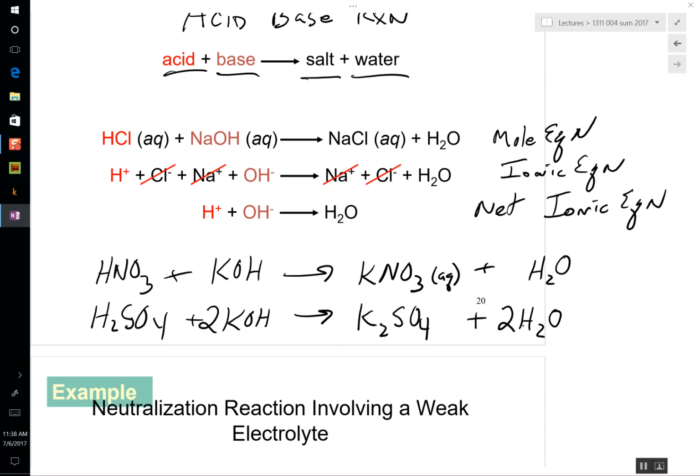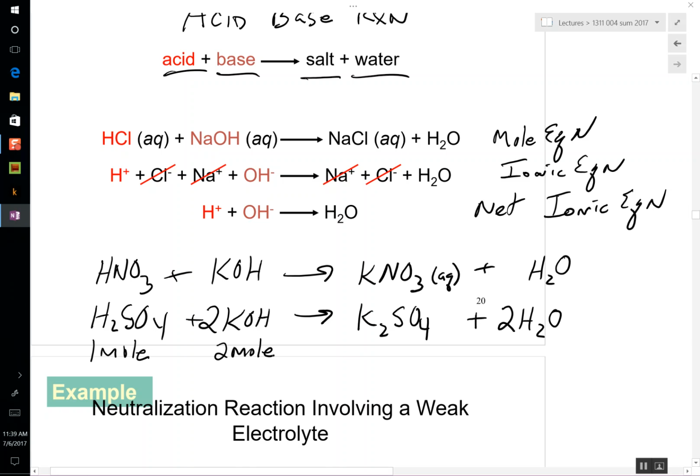Well, a diprotic acid. So 1 mole of sulfuric acid is going to need 2 moles of potassium hydroxide to neutralize it. You need an OH for every hydrogen, for every proton. This is going to give off 2 protons, so you need 2 hydroxides to neutralize those 2 protons. So here's a monoprotic acid reacting with a monohydroxyl base.